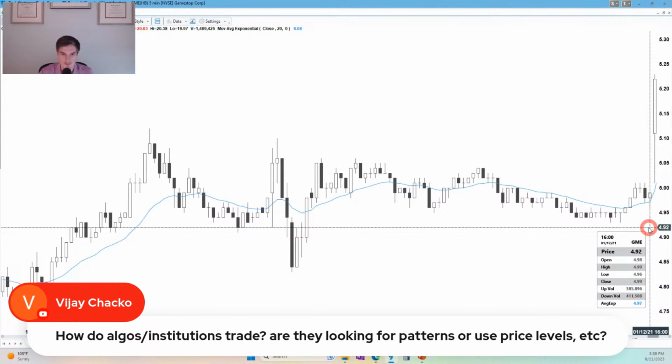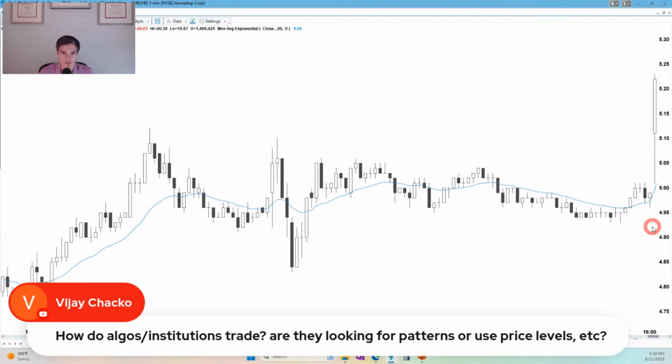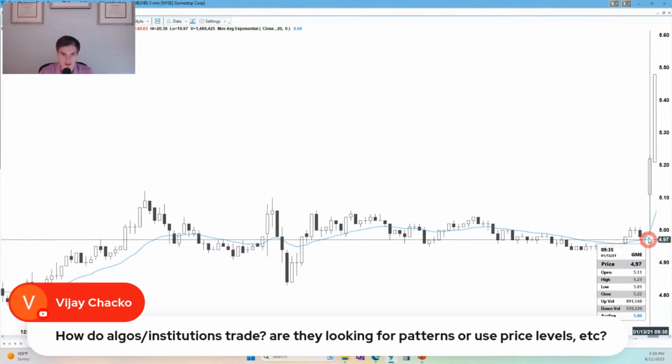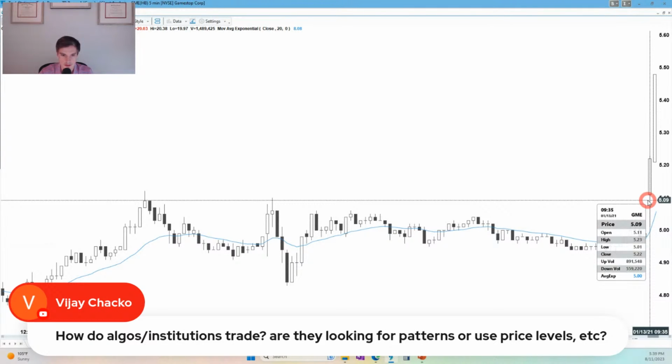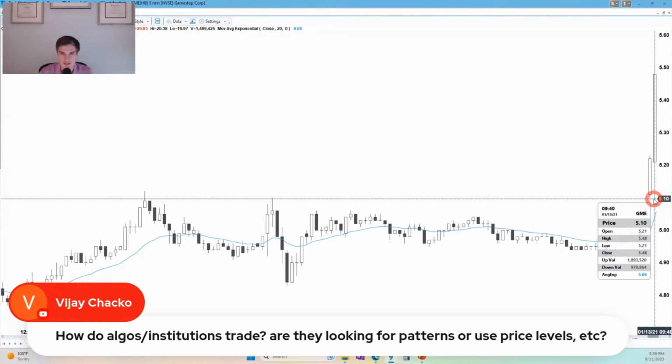This bar right here, the up volume and down volume, is about a million shares, with 9,990,000 at the end of the day. Bar one here had a little over 1.3 million. But what's interesting is bar two had an extra million, almost 2 million shares.